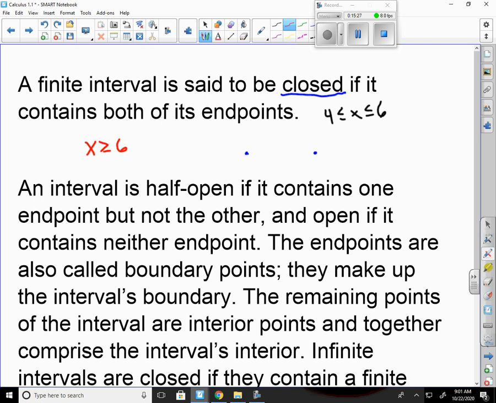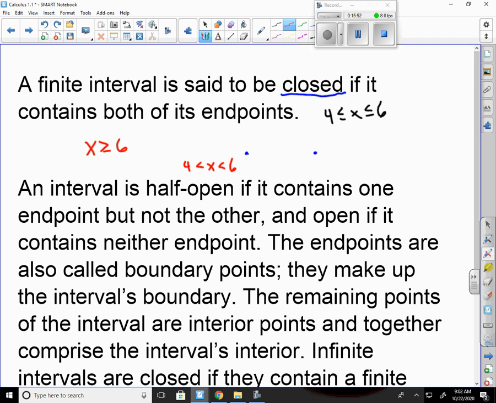I can't contain the endpoint infinity because it's not ending. It goes on forever. It's open if it contains neither endpoint, meaning that if I have x less than 6 and greater than 4, I'm not containing 4 or 6. It comes right up to it and stops.